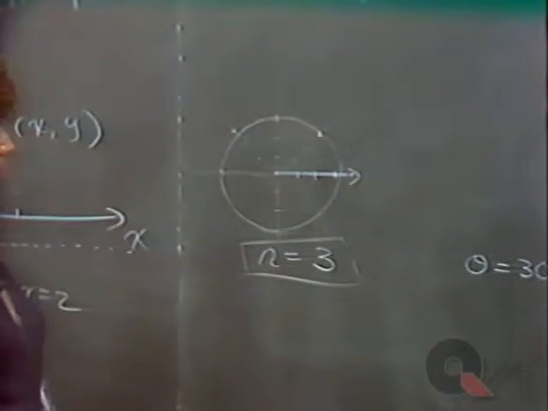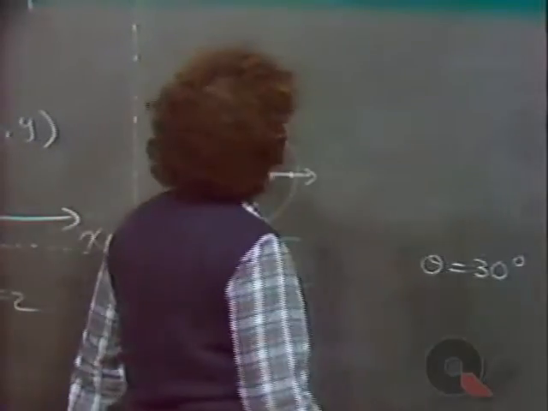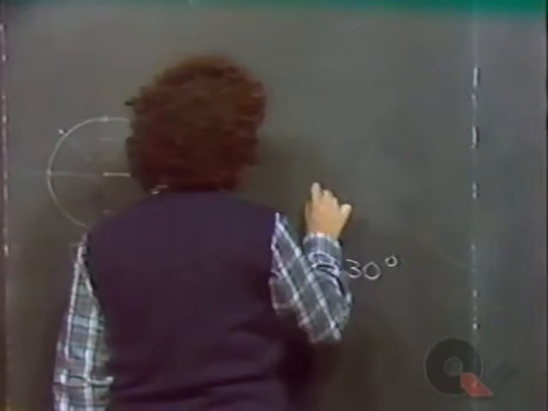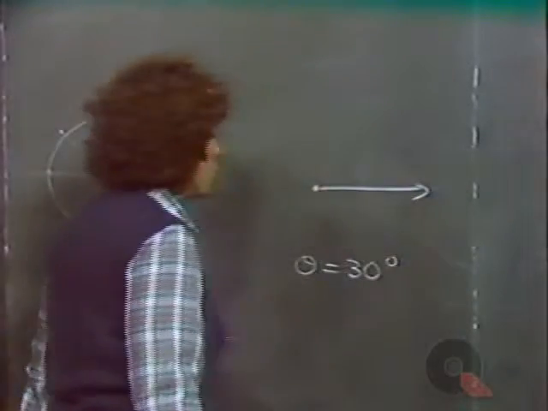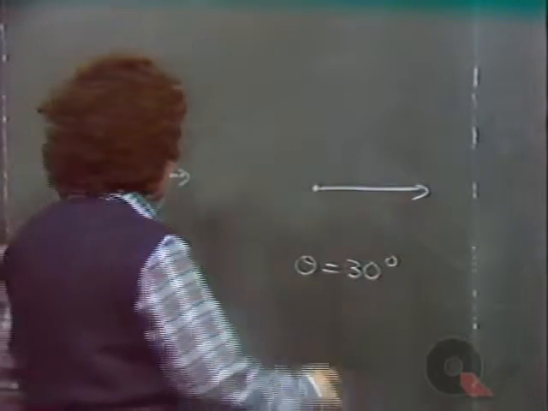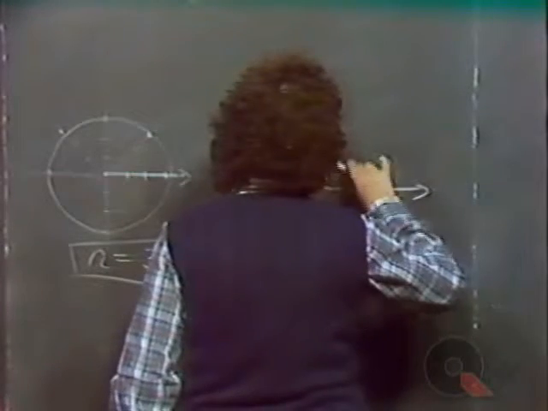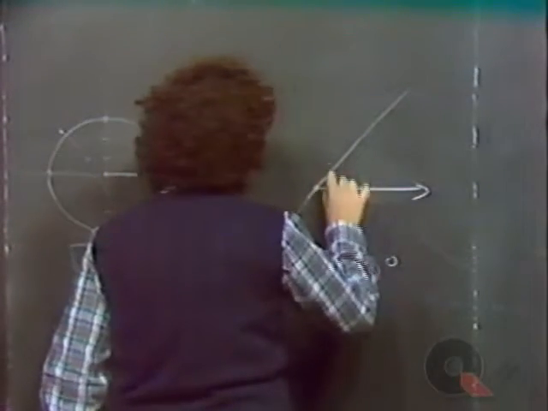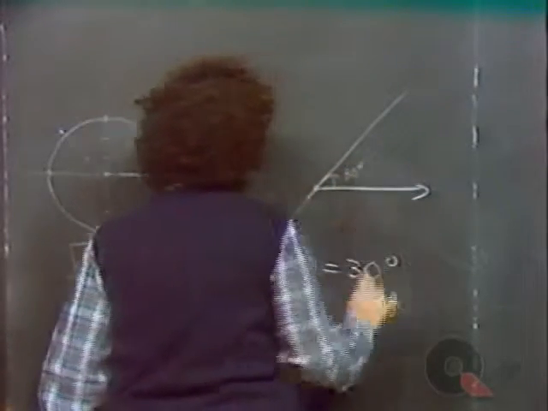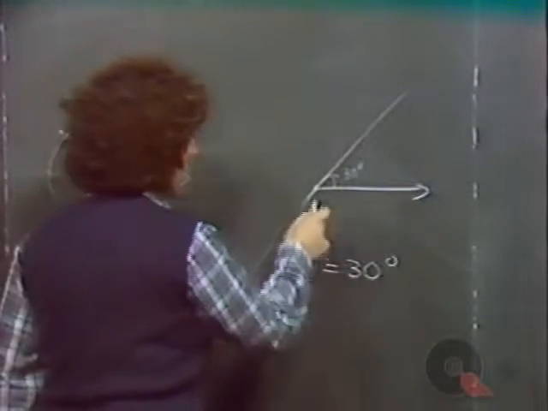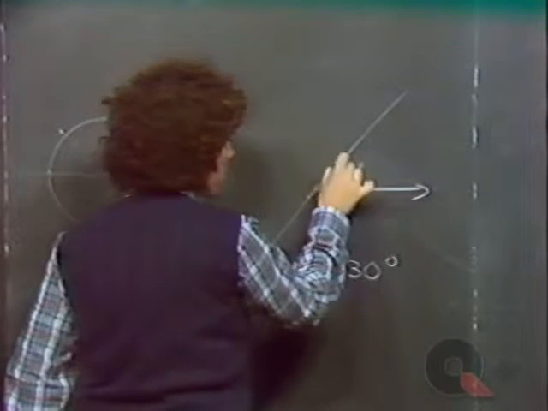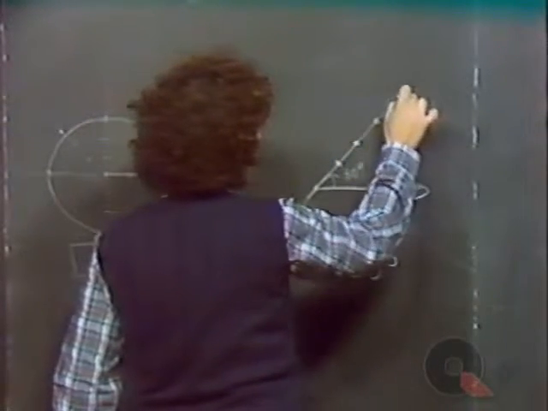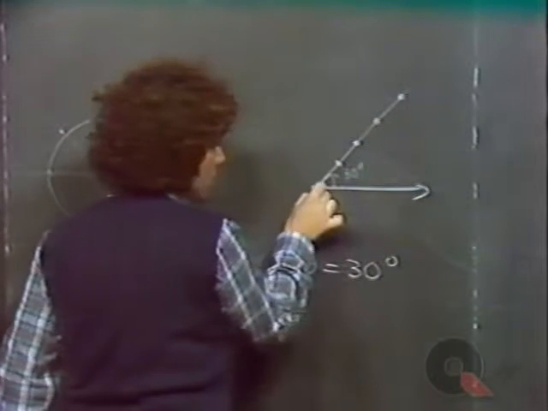The other basic equation in the polar coordinate system would be theta equal to some constant. For example, theta equals 30 degrees. Where are all those points that have theta equal to 30 degrees? Well, they're located along the ray and its extension, 30 degrees. For example, 30 degrees, 1 unit would be here. 30 degrees, 2 units. 30 degrees, 3 units. 30 degrees, 4 units. 30 degrees, 0 units.